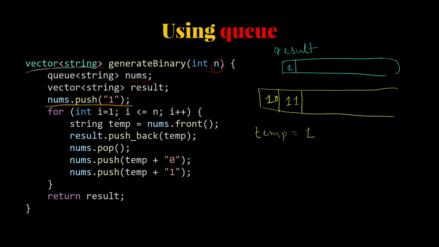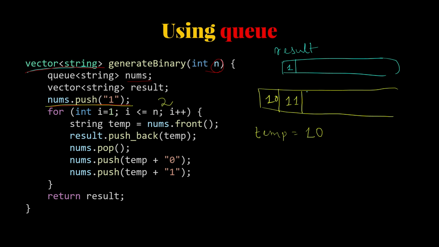Now i is 2. After incrementing, we again take temp as the first element and pop the queue, so temp becomes 10.